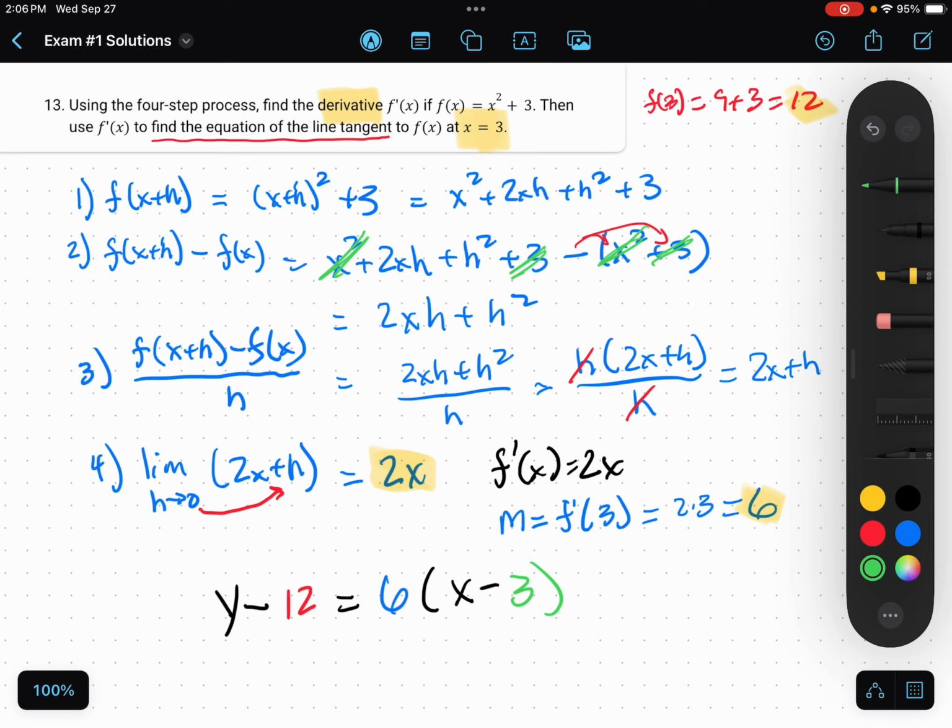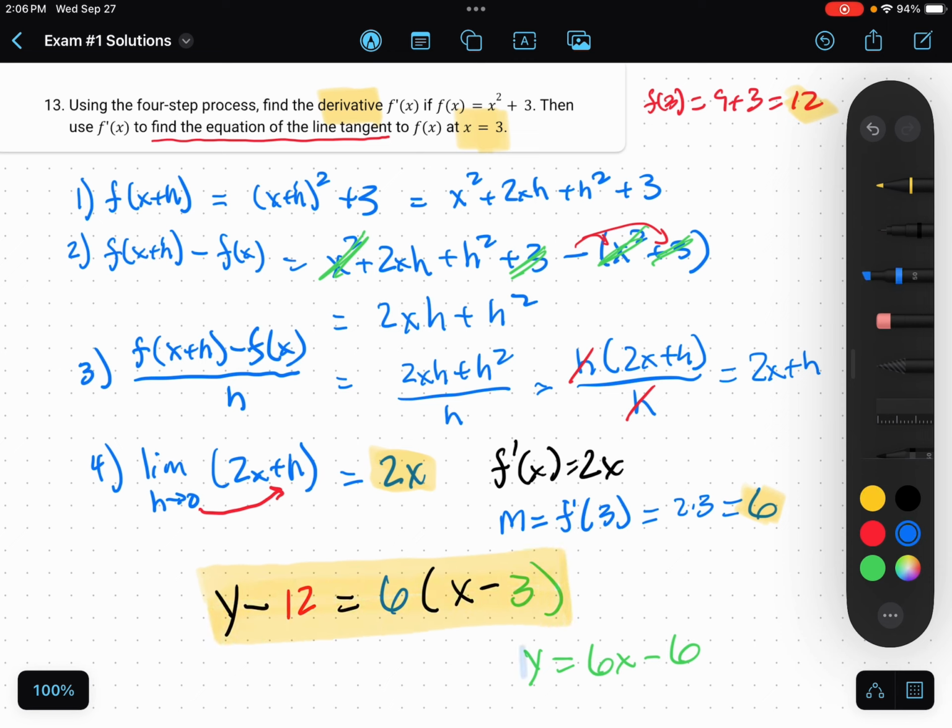And that's the equation of my line. Now, if you want to solve for y and get the slope-intercept form, you can do that. That would be y equals 6x minus 6. So the answer that I was looking for was y minus 12 equals 6 times the quantity x minus 3.